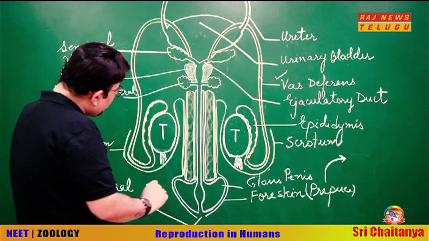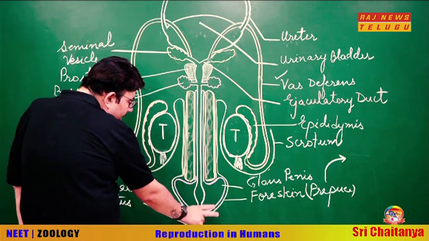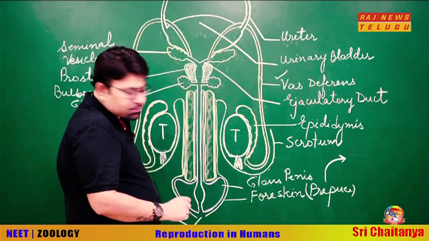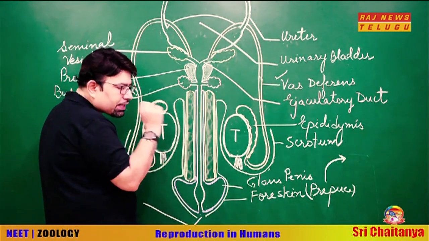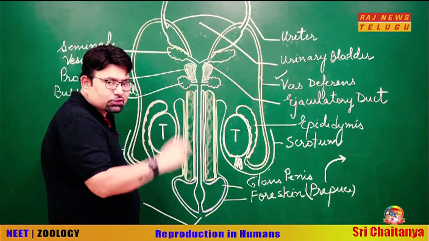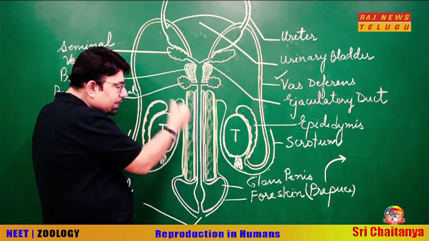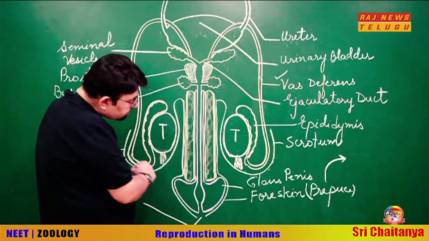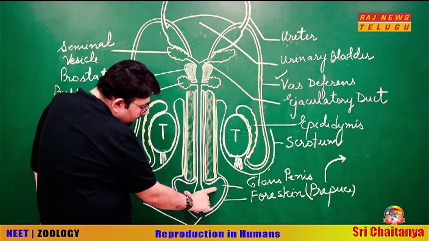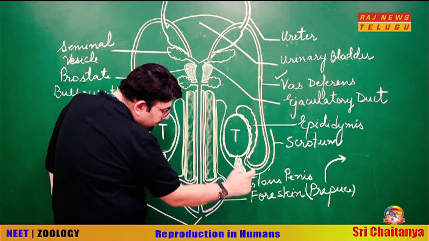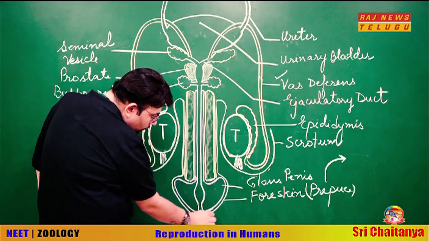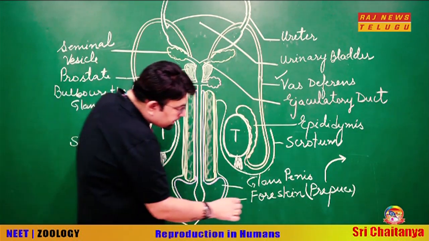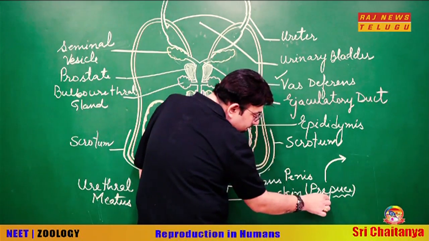Okay. Then this is a male copulatory organ, the penis. It is made up of erectile tissue, the tissue where when blood gets engorged in the veins, it becomes erect. This part of the penis is called the glans penis, and this is the loose foreskin on the glans penis called the prepuce.